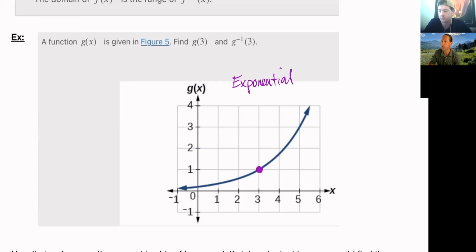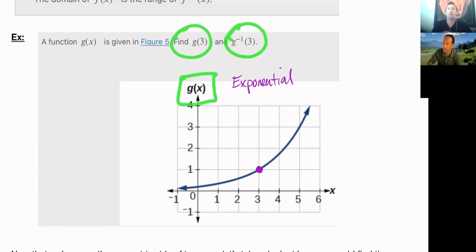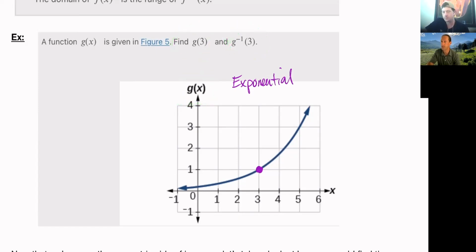Right 3, in other words. Just trying to throw a little review in. That's not our question. The question is twofold. Find G of 3 and the inverse, even though they're only giving us the function. The inverse of that. So which one of those should you be able to find immediately?